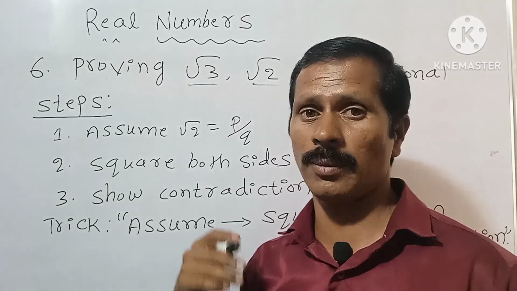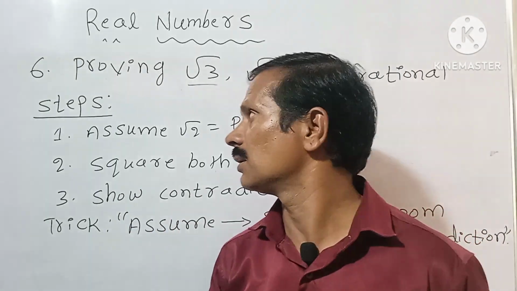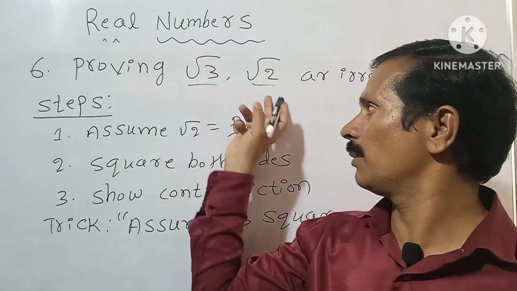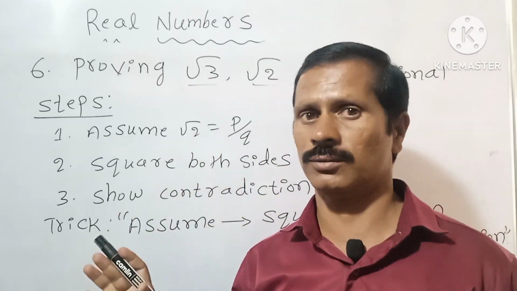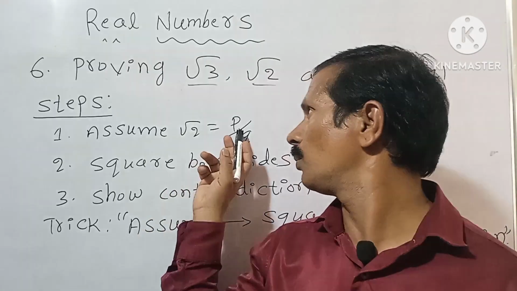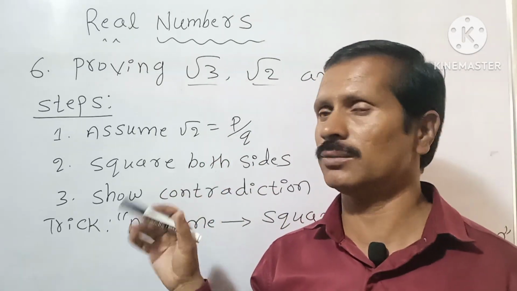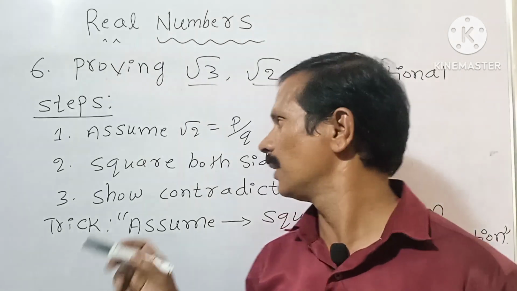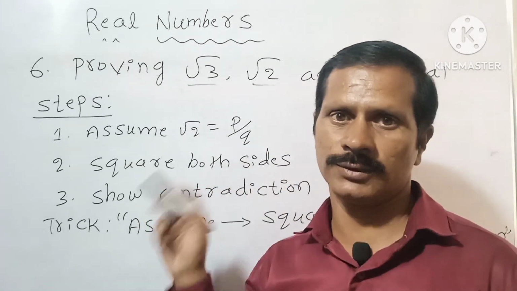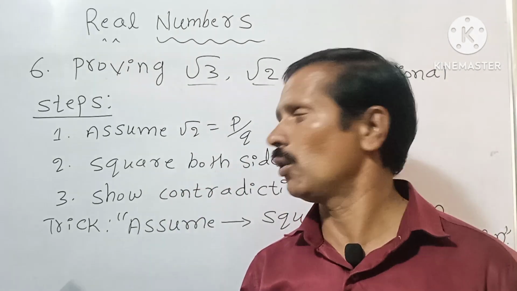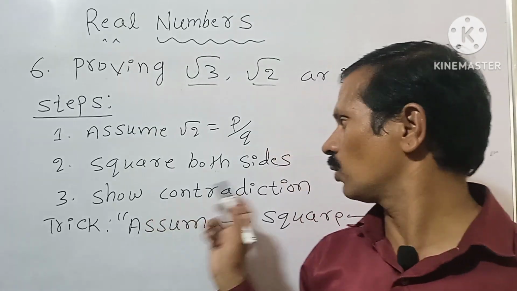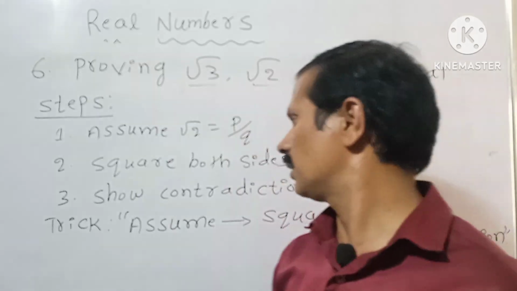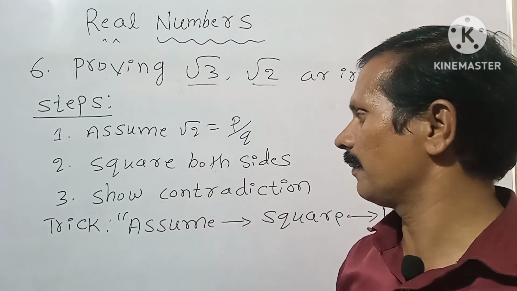How to prove it, and how to remember the steps? First step, assume the number is rational: assume root 2 equals p by q. Second step, square both sides. Third step, show the contradiction. How to remember these three?